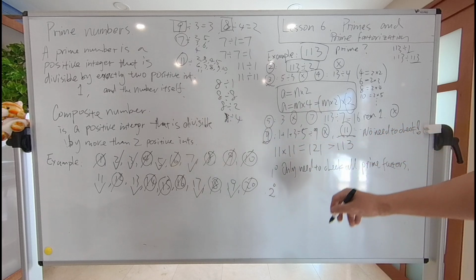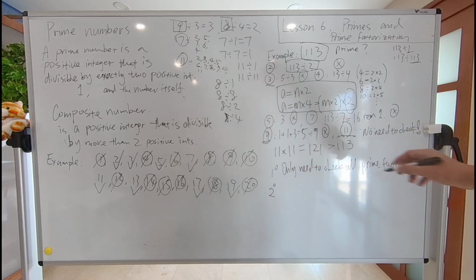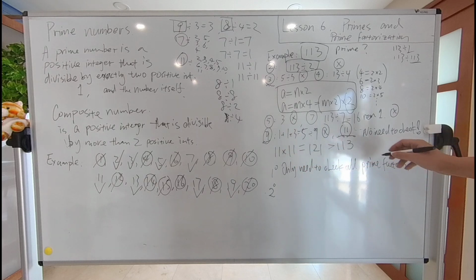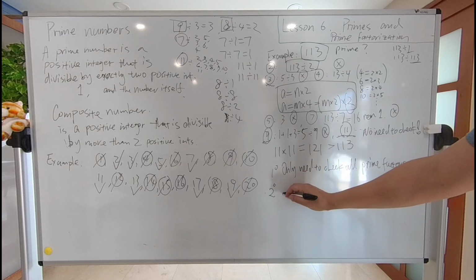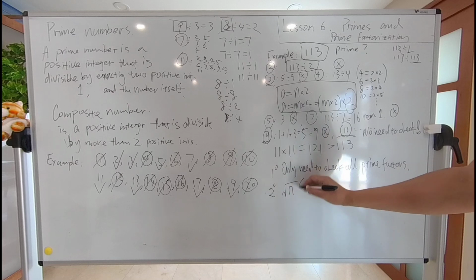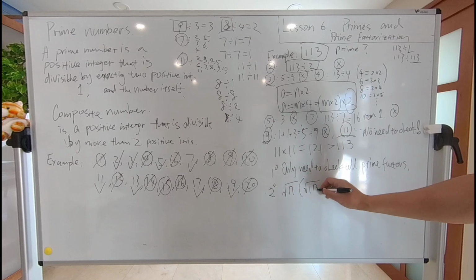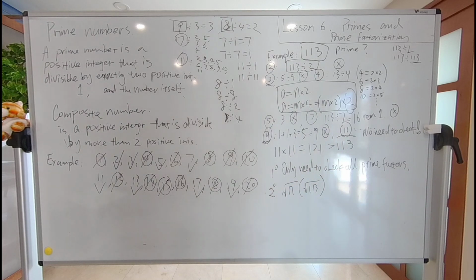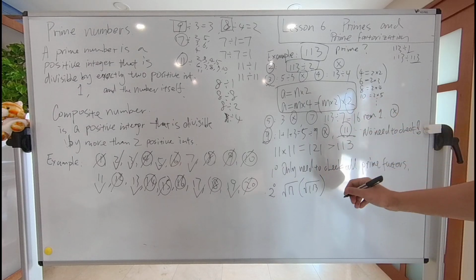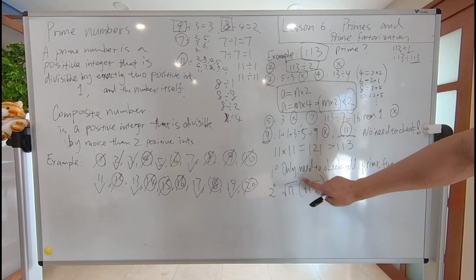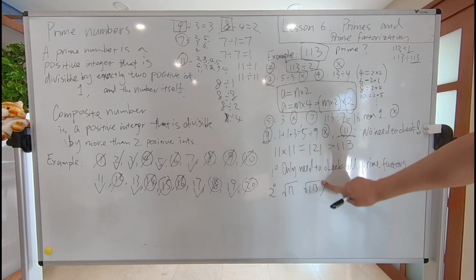It comes from the example of 11 squared, right? So in this example it's the square root of 113. So only the prime numbers whose square is less than 113 need to be checked.